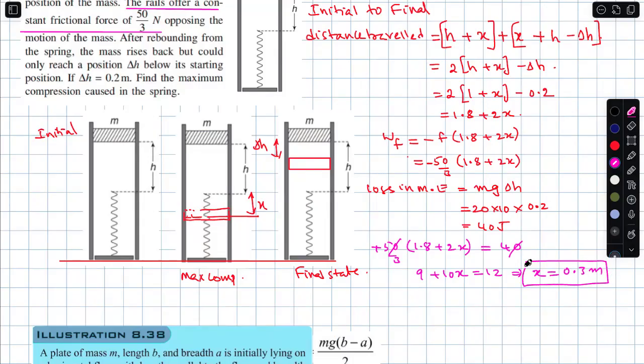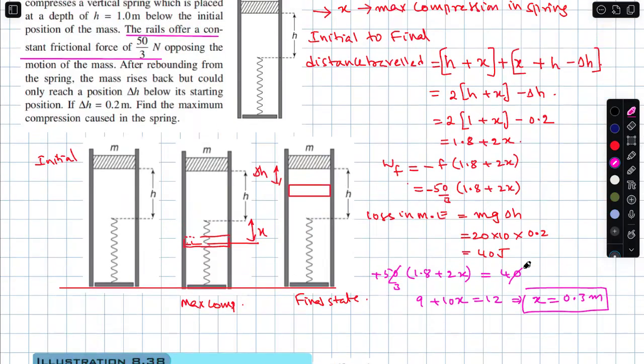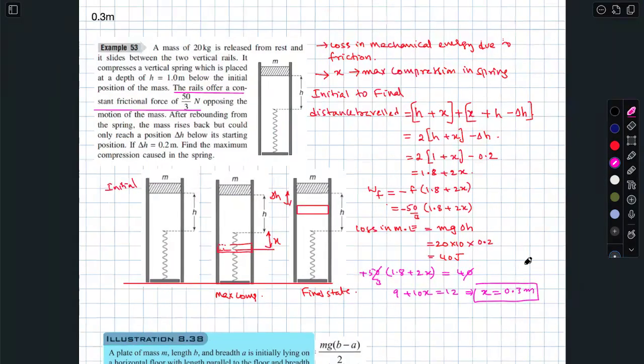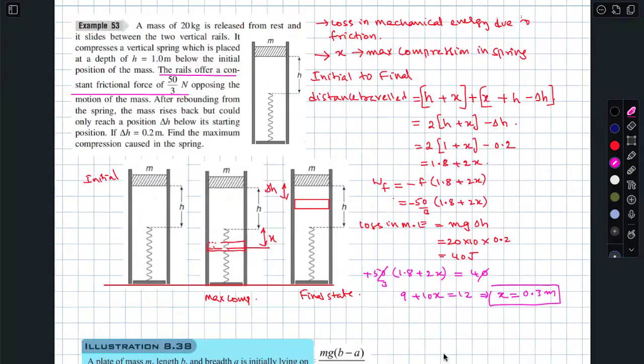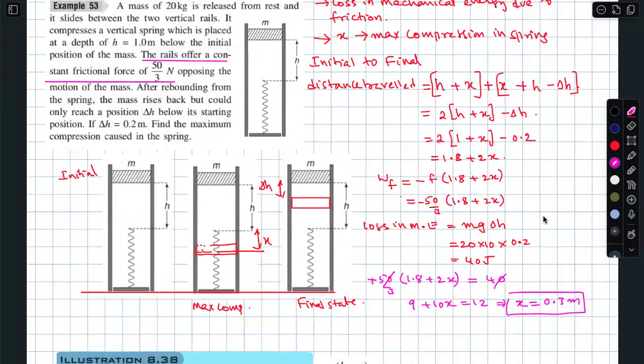So finally, what I have given you is the compression in the spring as well as the work done by friction. Whatever you want, I have given. Very good question. Now, if you have any doubt, just question.